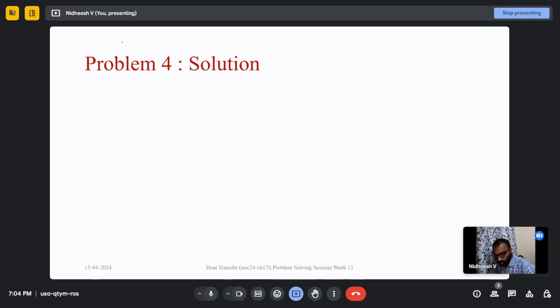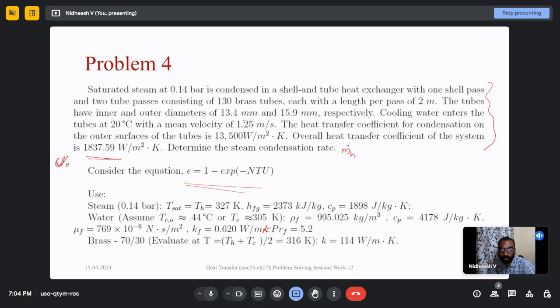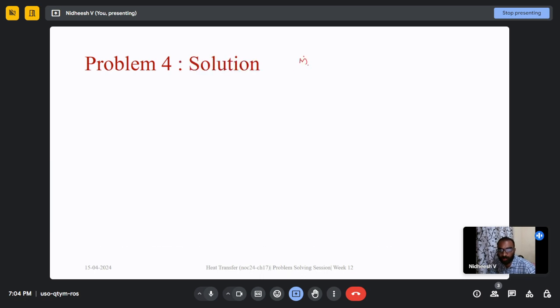So what we need to find out is the mass flow rate or the steam condensation rate, that is same as the mass flow rate of the hot fluid, because it is the steam. This is what we have to find out.